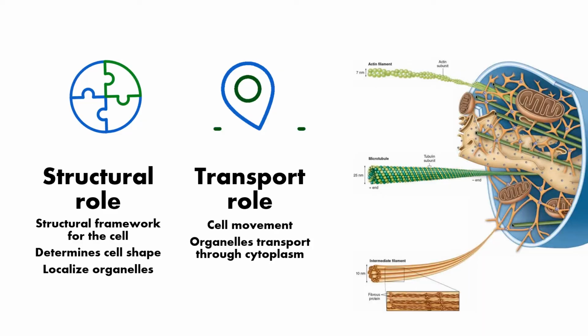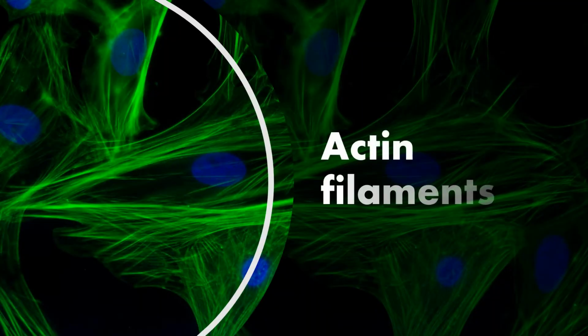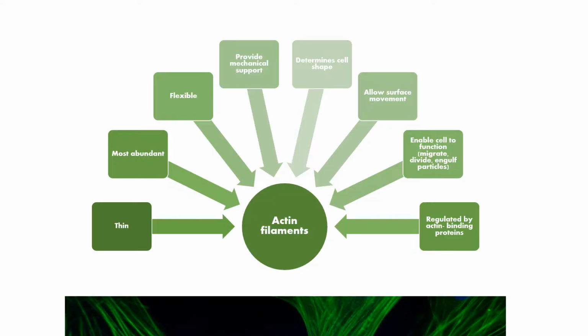First of all, let's talk about the actin filaments. They are considered the most abundant skeletal protein. They consist of what's called actin that will polymerize to form actin filaments.